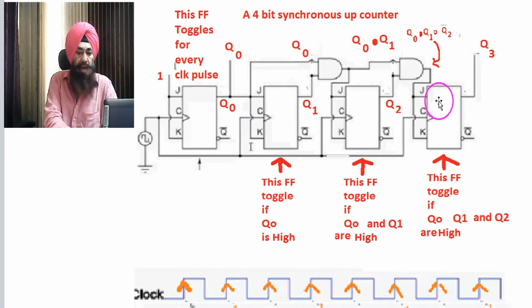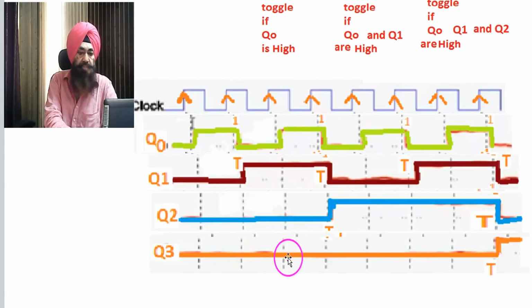The fourth one will toggle with the rising edge of the clock when Q0, Q1 and Q2 all are high. Now looking here, when all are high and the rising edge comes, it toggles 0 to 1.